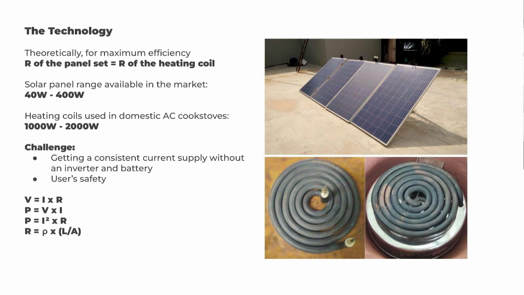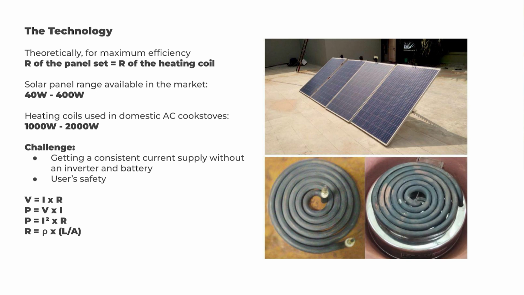The coil pictures you are seeing are the coils which we ordered, custom made coils. There are 2 or 3 variables which will affect the resistance of the coil. As you can see, this last formula: resistance equals rho into length by cross section area.